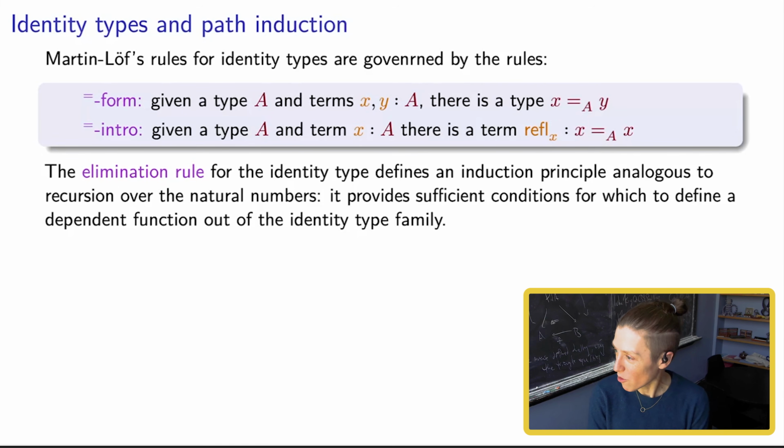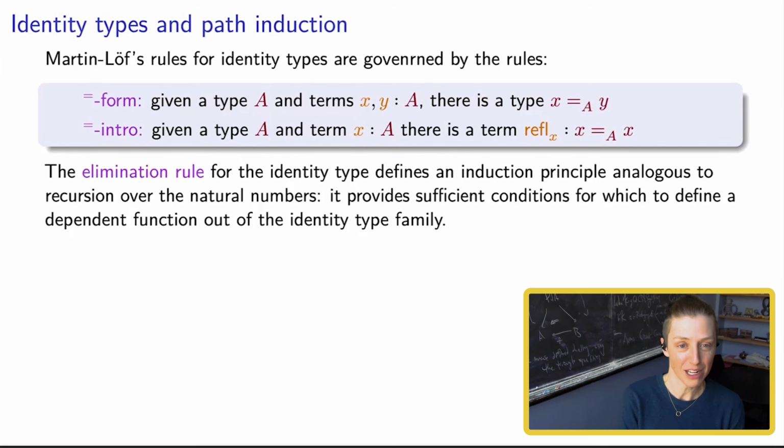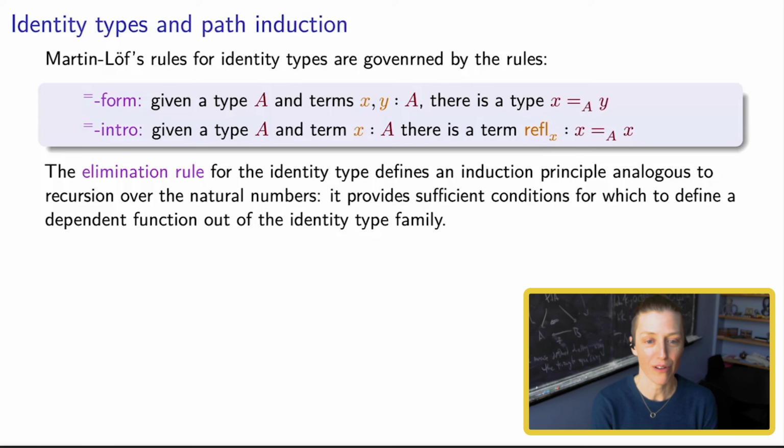Okay, so if we had more time, I would explain that there's a very precise analogy between identity types and the type of natural numbers. Both of these are inductive types, and so there's an induction principle for identity types that's analogous to induction over the natural numbers, or maybe more precisely recursion over the natural numbers.